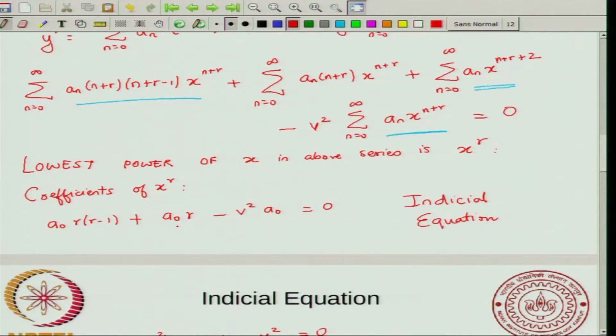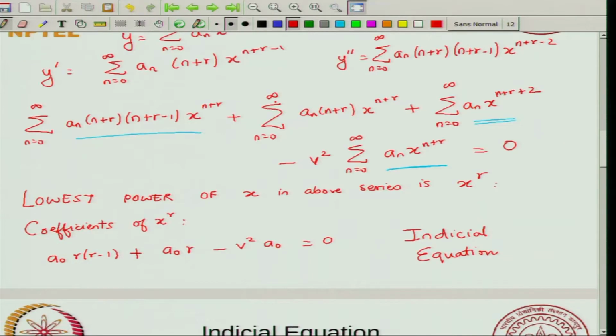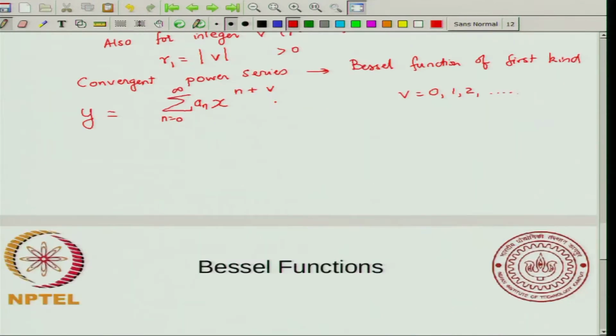So we had n plus r minus 1 x raised to n plus r. If we write that in the following form, we have the sum over n equal to 0 to infinity of a_n (n plus v) (n plus v minus 1) x raised to n plus v, plus the sum over n equal to 0 to infinity of a_n (n plus v) x raised to n plus v.